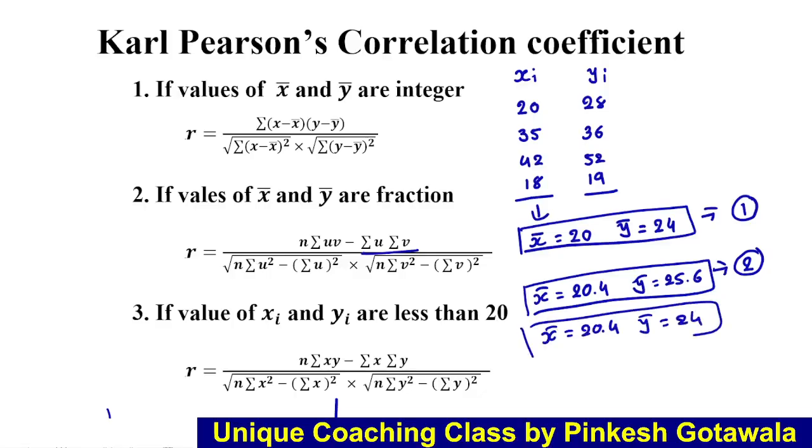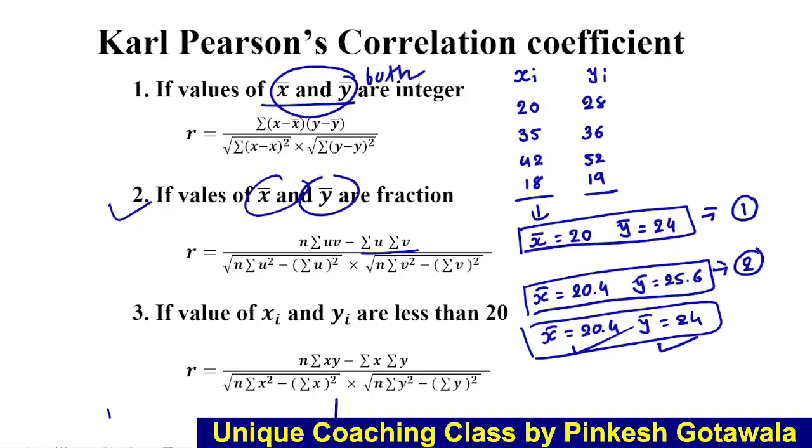And one more point: suppose x bar comes 20.4 and y bar 24. Here x bar is a fraction and y bar is an integer. Now what to do? In this situation we should go with the second formula. When x bar and y bar are both integers, that is both round off, we apply the first formula.